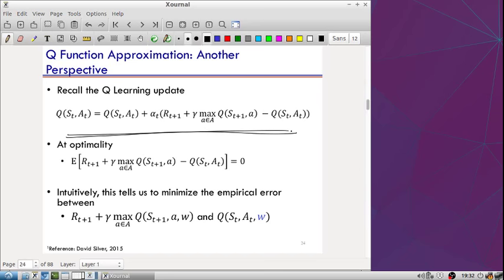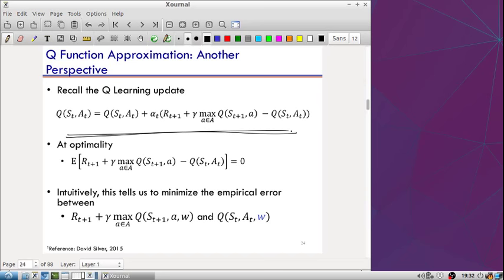update the weights. Now I'm going to say, this is a Q function here, and there's a Q function here. It's the same function, so I'm going to put a comma W on both sides, because I want to approximate them by some parametric function, could be a neural network. Because at optimality this has to hold, I'm just going to update my W. What do I mean by that?